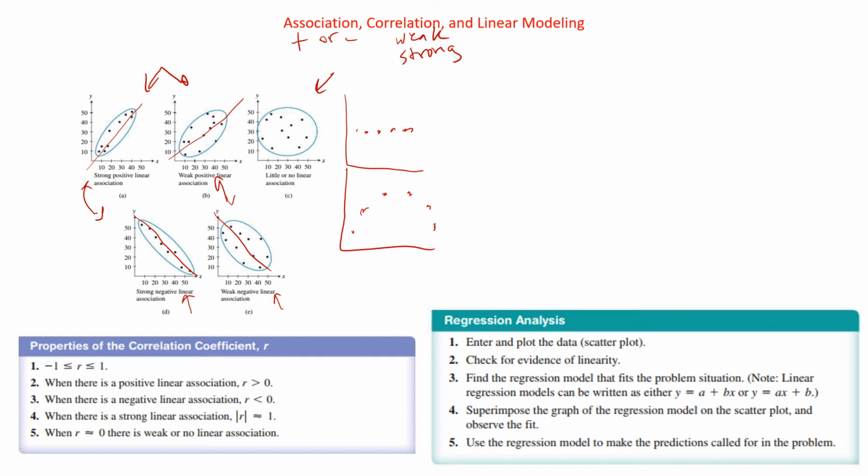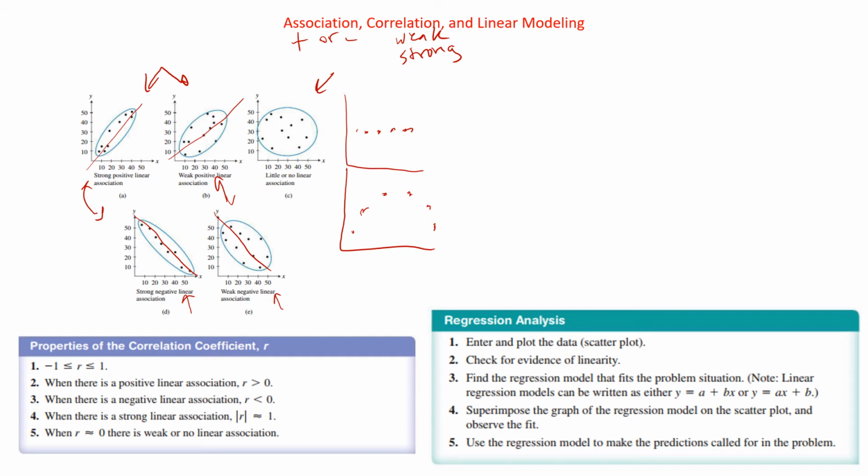So regression is the act of making a line of best fit or a curve of best fit. In this case, since we're talking about linear functions, it would be a line. So these are the general steps, and we'll go over them in more detail in class.